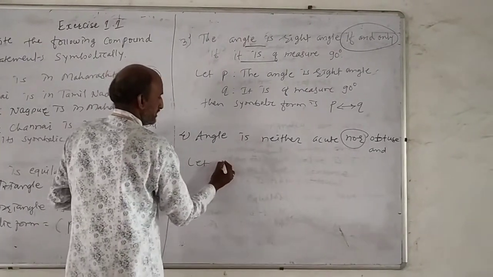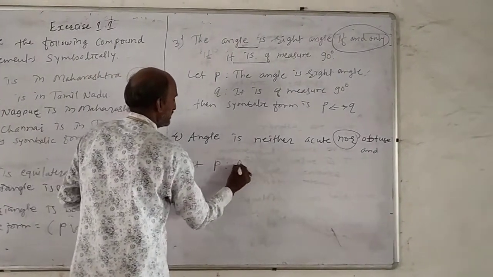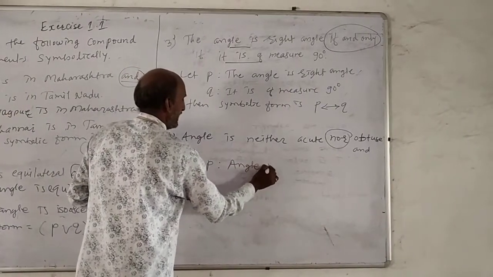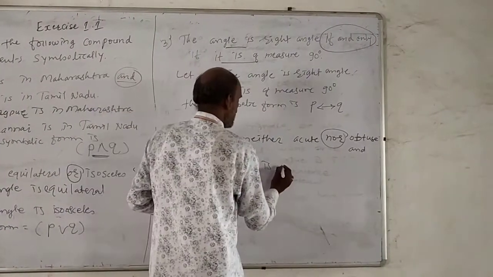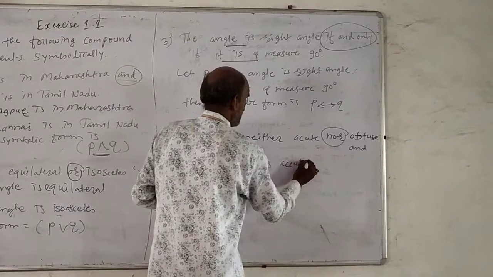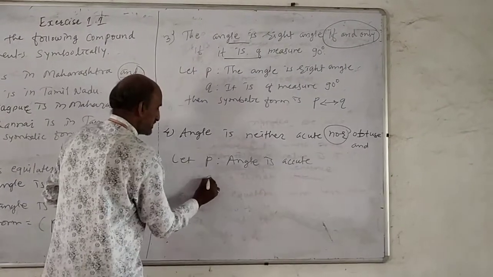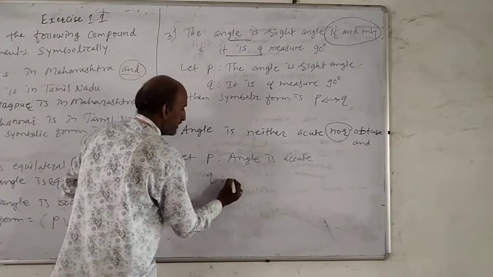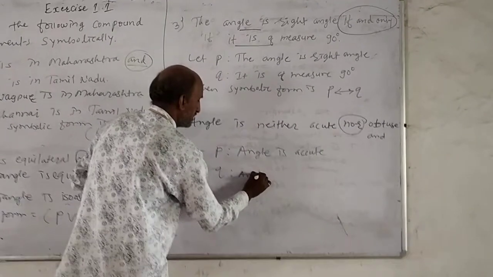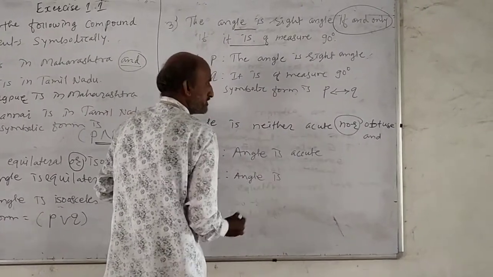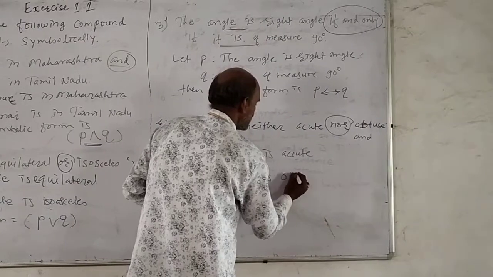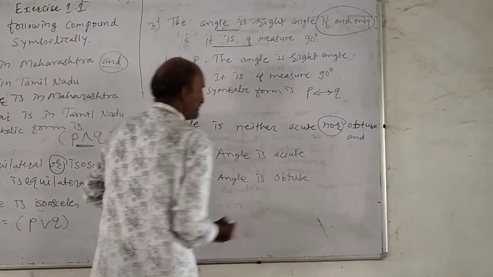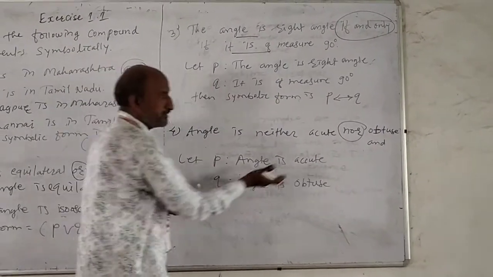Let P be angle is acute. Statement Q be angle is obtuse. Then what is the connective?